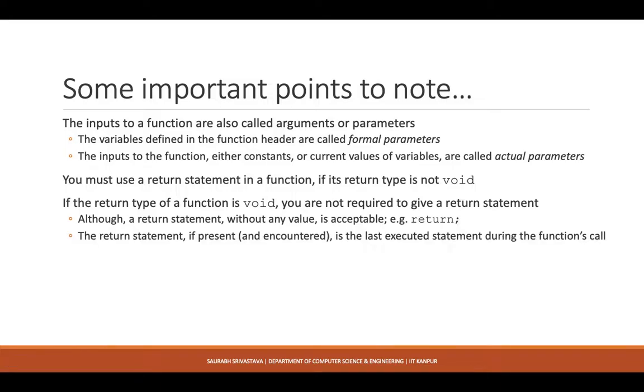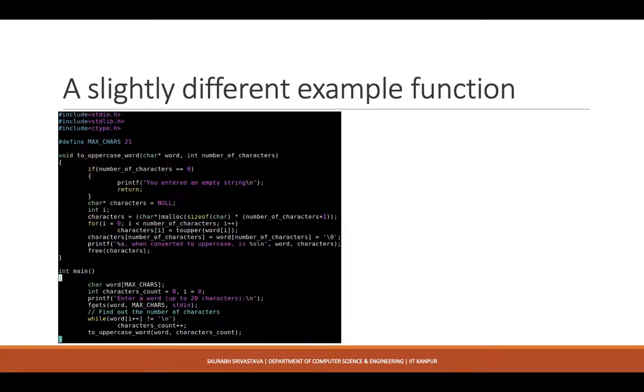The reason we sometimes have this is because the return statement, wherever it is present in a function, is actually the last executed statement. It could be anywhere in the function. For example, it could be inside an if condition, and this is what we are doing here. It's the same program.